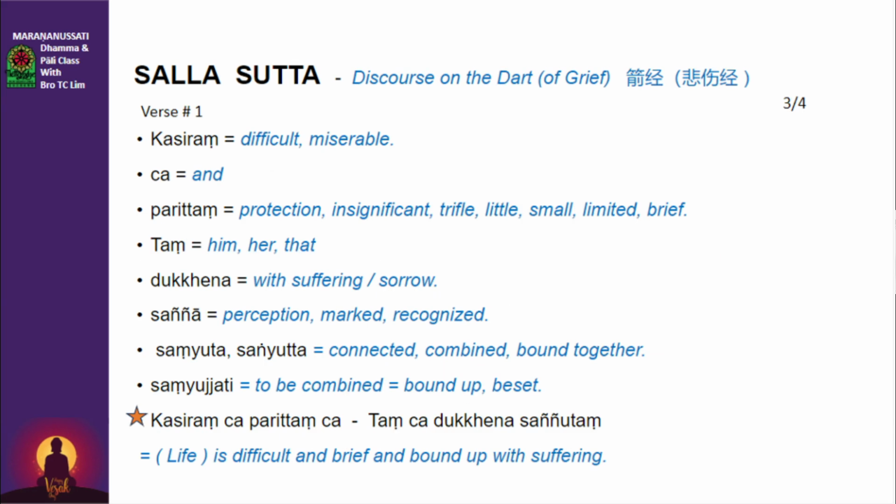Next we have kasirang, difficult or miserable. Cha means and. Paritang is protection; it's insignificant or very trivial or very brief, very limited. Tang is him, her, or that. Dukkhena means with suffering or sorrow. Sanya means perception or mark or recognize.